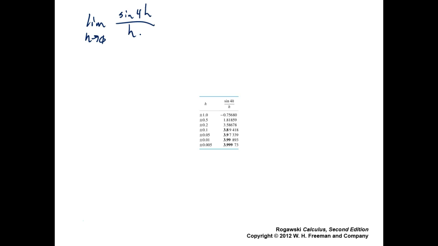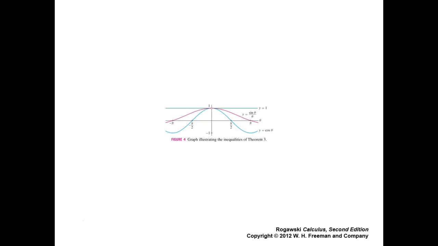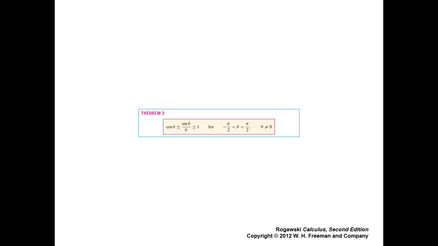Okay? Now that looks suspiciously like one that we did before. I'll find it in a minute. This one. The limit as theta approaches 0 of sine theta over theta.